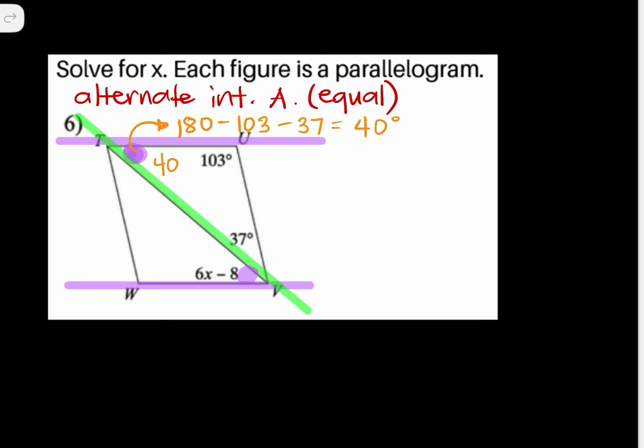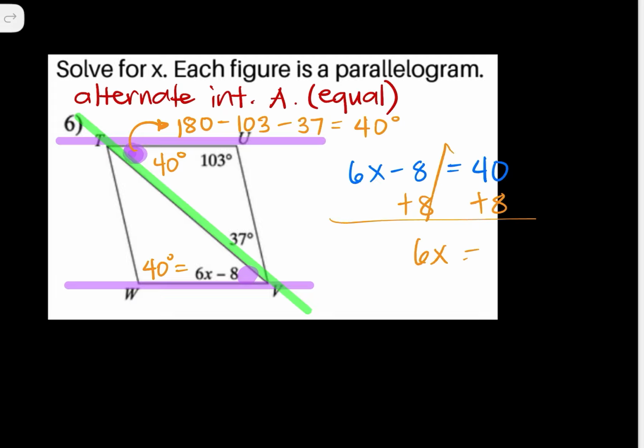So this angle is 40, therefore this angle is equal to 40 degrees. So this is how we are going to solve this problem. 6x minus 8 equals 40. Isolating x, we'll have 6x equals 48. And if you got x equals 8, you are right.